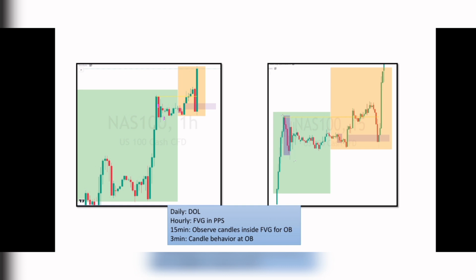It didn't create a gap. But eventually, as you can see in the orange box, we had down closed candles trading into the fair value gap. When this happened and it created a gap, that was what we were considering to be an order block, because the formula again is the down closed candle with the gap and the idea that price is aiming towards buy side liquidity.